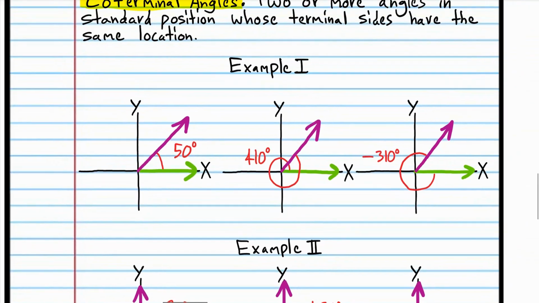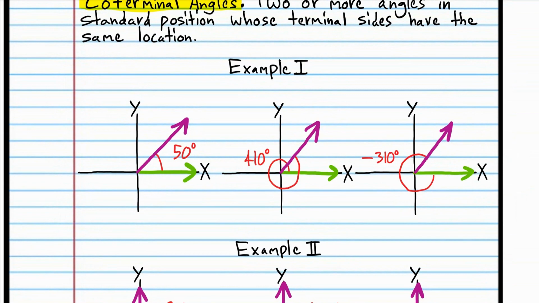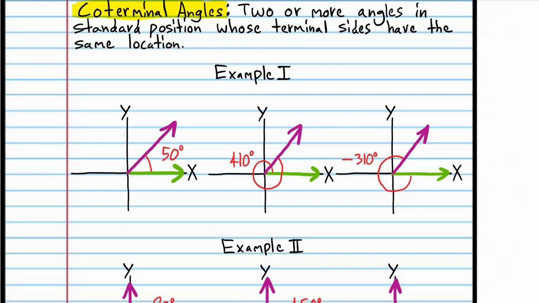is if you have, say, a 50-degree angle in standard position, you'll find that a 410-degree angle, also in standard position, has the same terminal side, meaning the terminal side is in the very same location, going off to the right, up and to the right.